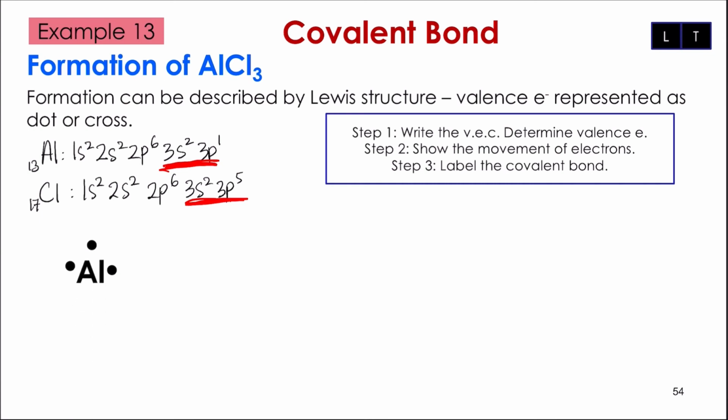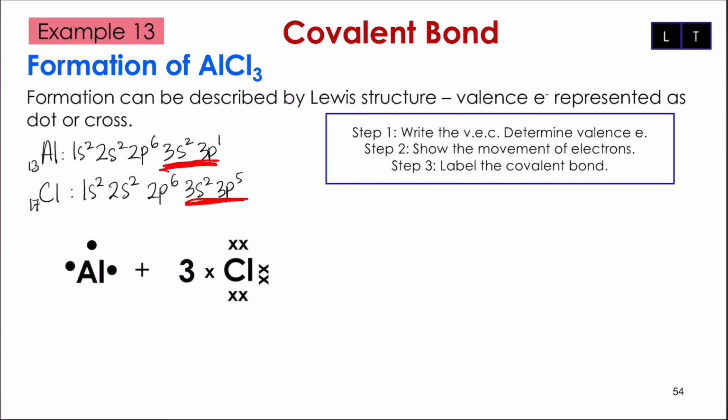So you have 1 aluminium atom with 3 dot symbols because 3 valence electrons. And after that you have chlorine with 7 cross symbols around its atom. Dan kita faham kat sini, chlorine daripada chemical formula dia ada 3. So saya tambah 3 dekat depan as a coefficient.